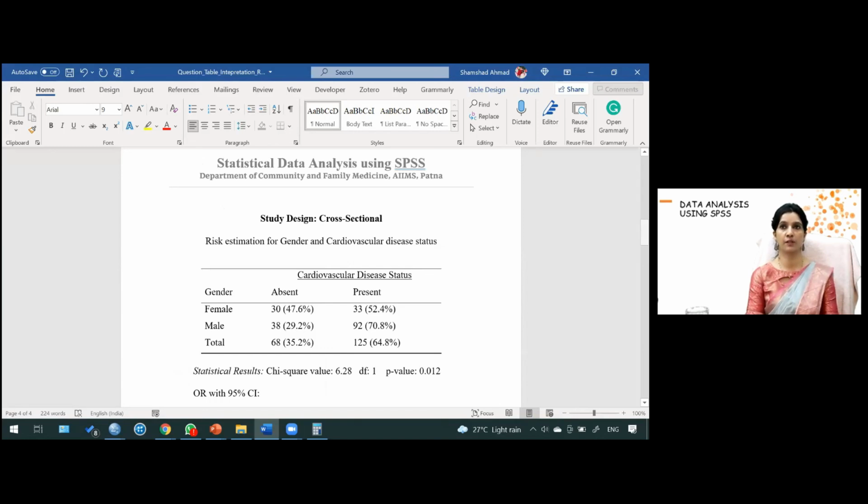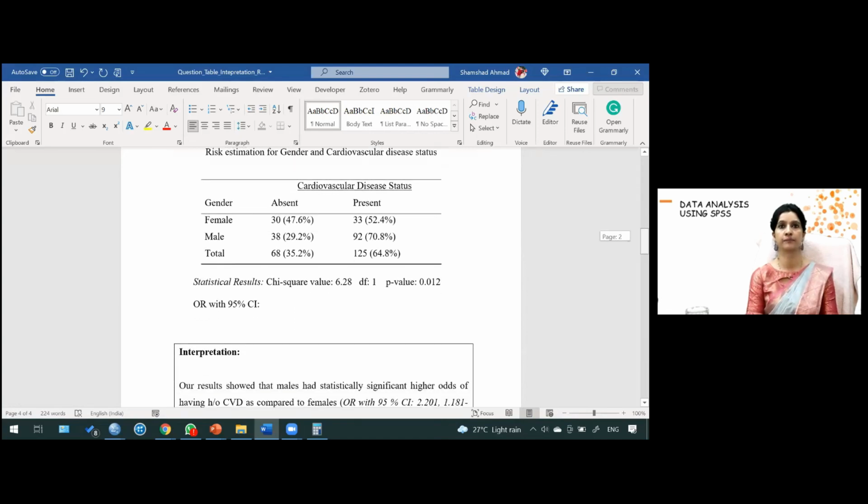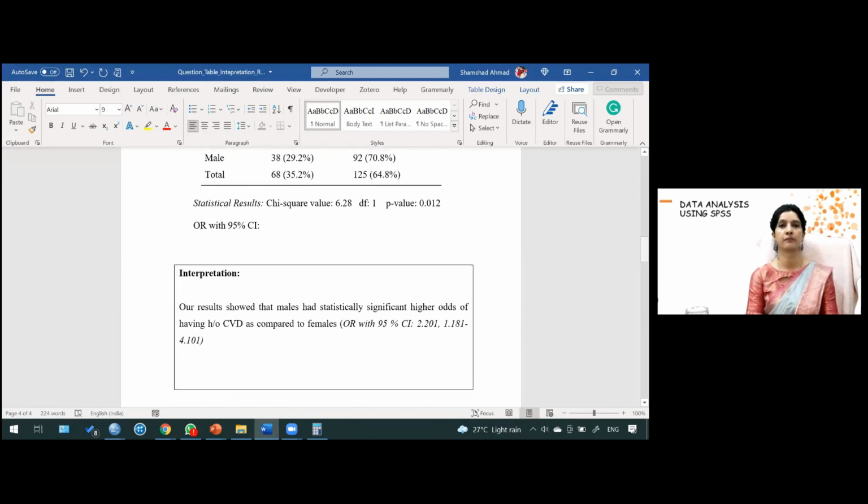If you go to the interpretation of this, you can see the risk estimate for gender and cardiovascular disease, this is the female and male, and these are again the row-wise percentages which you have seen there. There shouldn't be any chi-square value here, it is there by mistake.